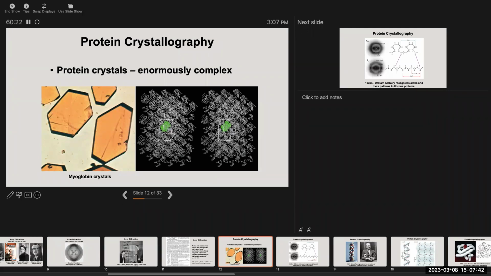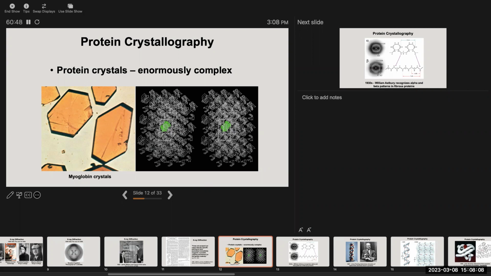So the number of unique reflections that you get in the X-ray diffraction pattern is enormous. It's in the tens of thousands of reflections. So it takes powerful computers a long time to solve all the math to start to give you a picture of what the protein structure looks like.